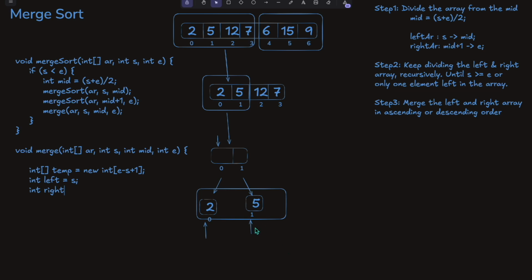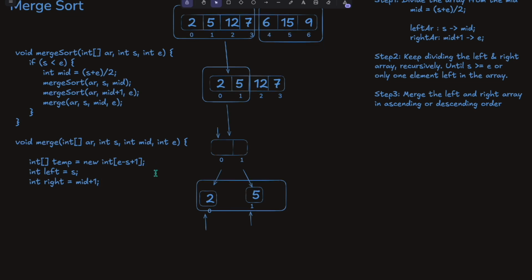This we will consider as the right, which is the start point of the right array, which is nothing but mid plus 1. So that's why we need mid value here, because mid plus 1 will always become the starting point of the right array. Here also you can see mid is 3 and the starting point of the next array is nothing but mid plus 1.